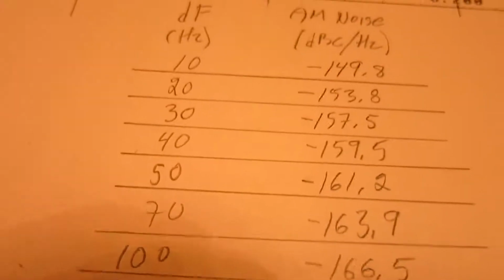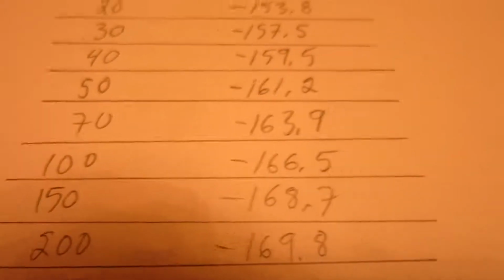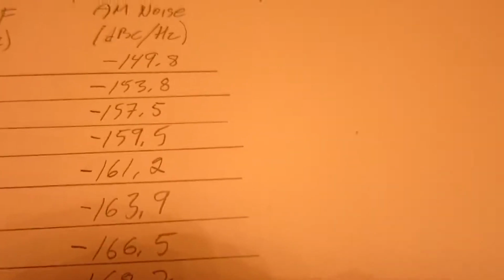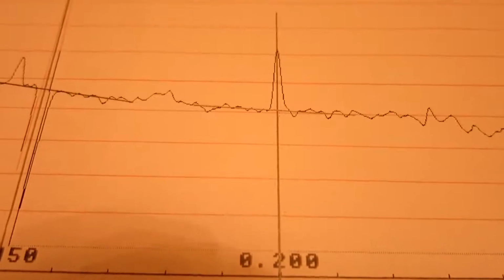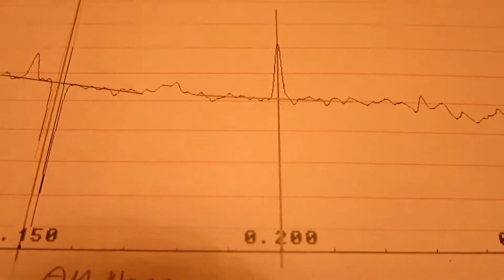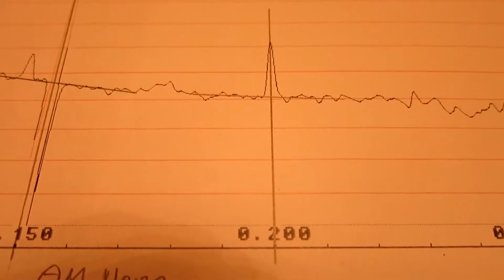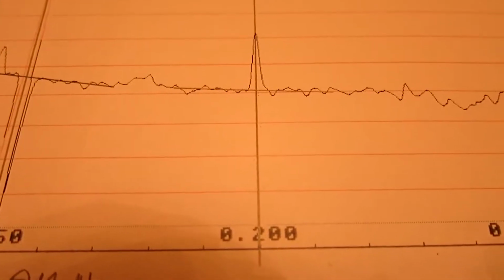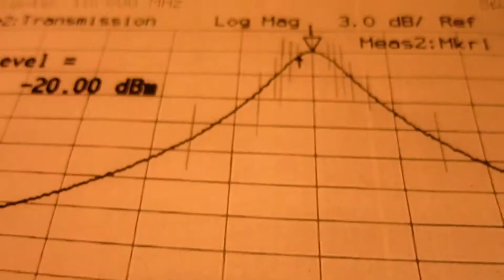So I construct a table like this, and it may not be so accurate in some places where it has been difficult to decide where the noise floor actually is. The signal to noise ratio isn't always so good, and there are spurs in some places.